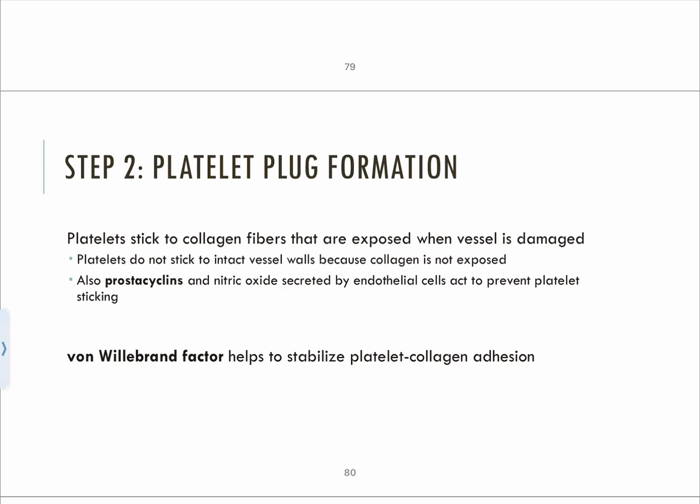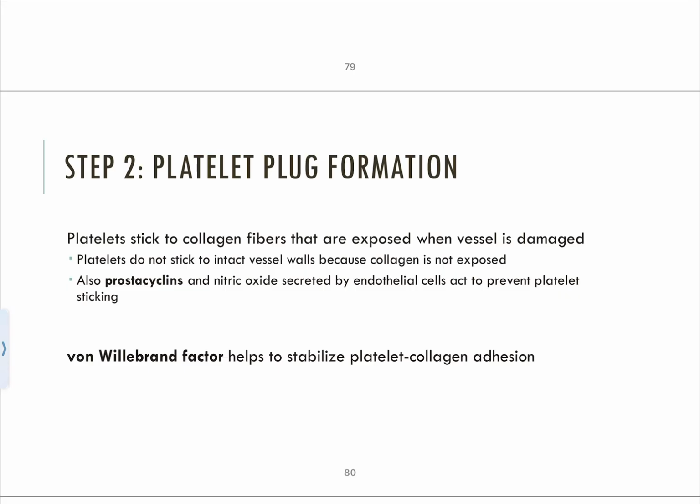Pretty much, platelets don't stick to each other or to the smooth muscle cells that line the blood vessels, because we are normally releasing nitric oxide and prostaglandin. So as long as we have the release of nitric oxide and prostaglandin from the healthy endothelial cells, our platelets will not stick together. So those 2 chemicals are going to prevent platelet aggregation.